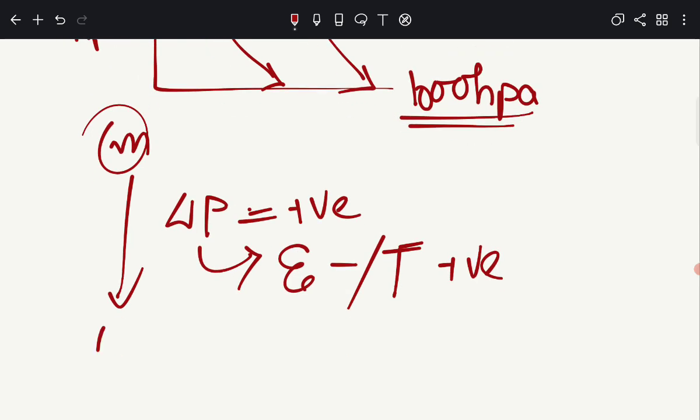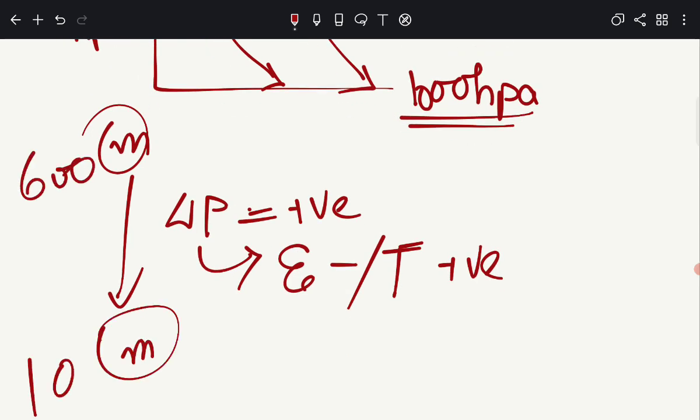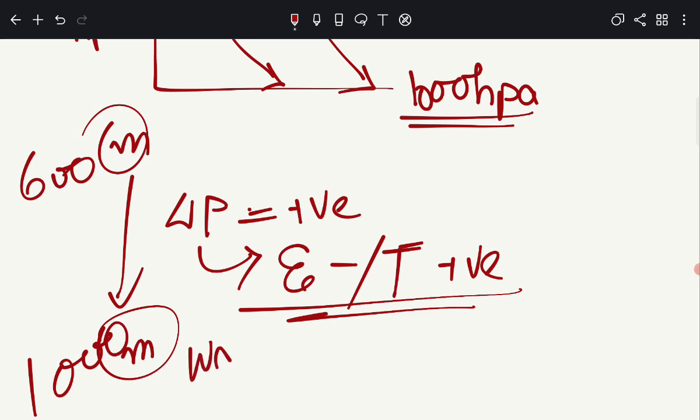If you bring this parcel down, this is 600 and this is 1000. This will increase, but we have water within it. Just remember we have water within it.